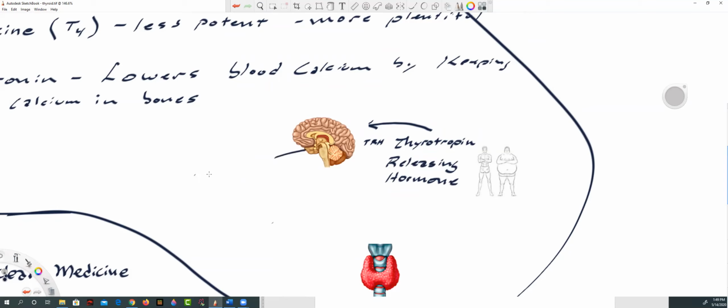The pituitary gland gives us our TSH, a little more known amongst most people, and that is the thyroid stimulating hormone.